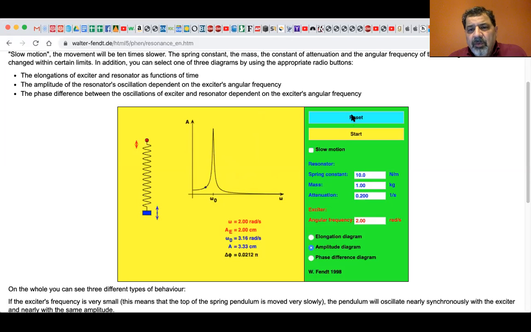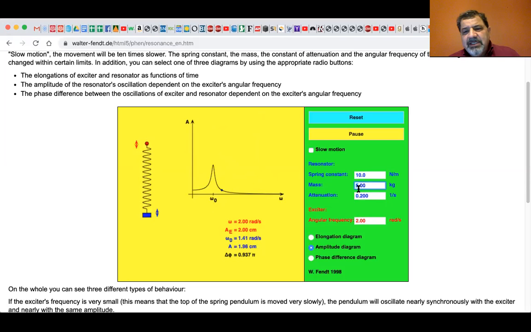And so if we start it, you can see this peak here. That's the resonance. So here we were at 1. We're way off resonance. Let's change this to 5. I think we did 5 earlier, and reset it. And start. You can see that we're on the other side.